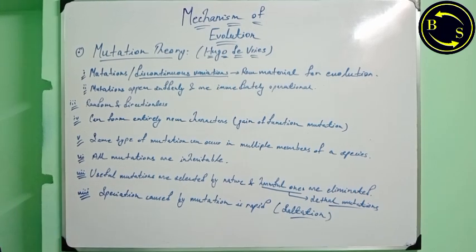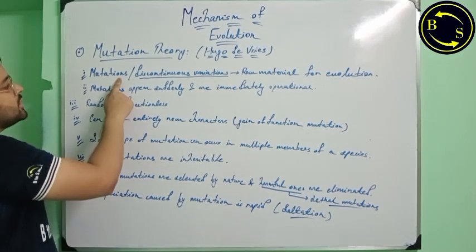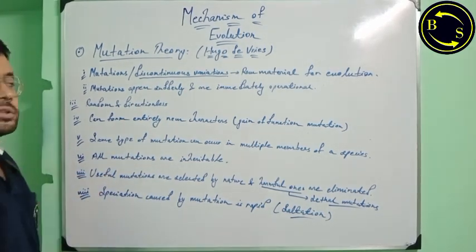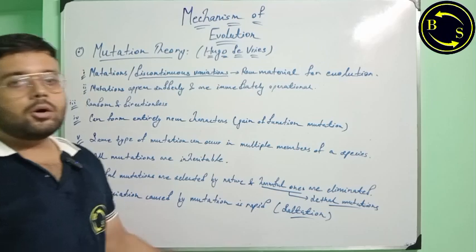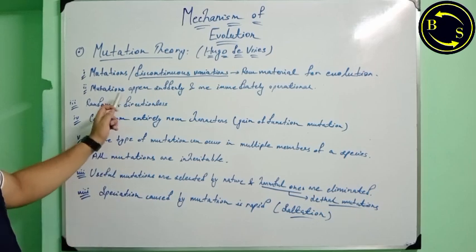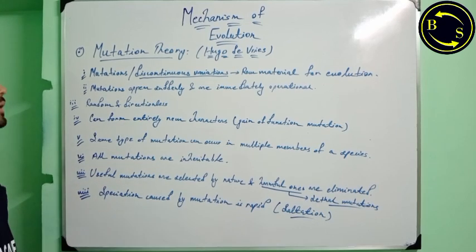So Hugo de Vries termed mutations as discontinuous variations, and these mutations serve as the raw material of evolution because they are the source of all variations in a population of a species. Mutations appear suddenly and are immediately operational.